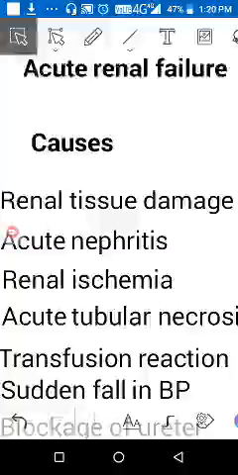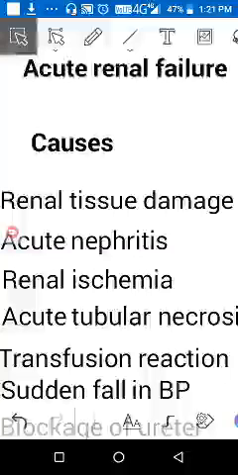If the acute nephritis is caused by bacterial infection, we call it pyelonephritis. If the glomeruli have inflammation, we term that condition glomerulonephritis. If the interstitial portion of the nephrons is inflamed, it is termed interstitial nephritis.